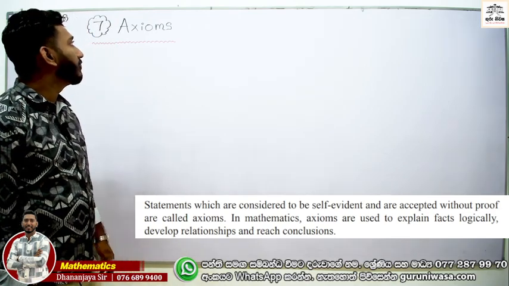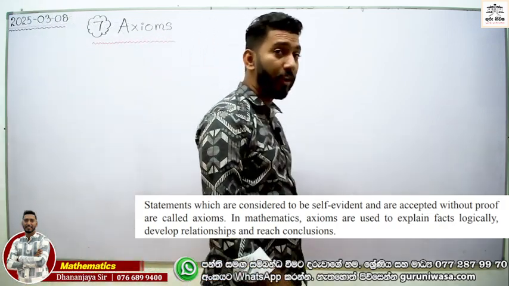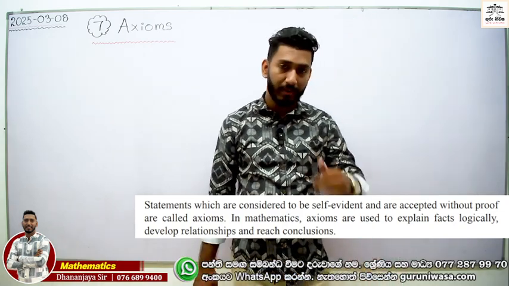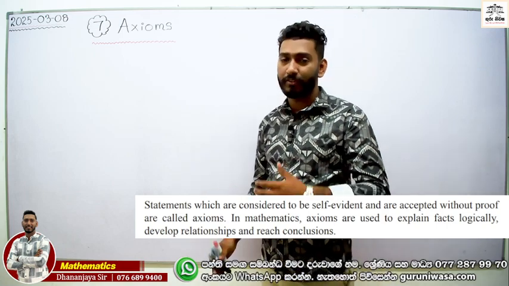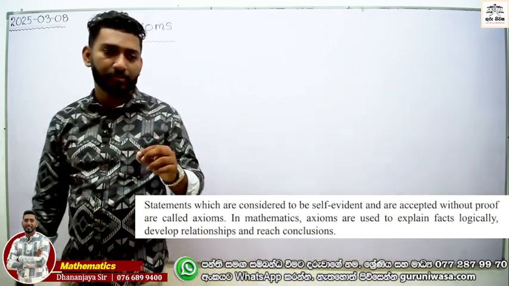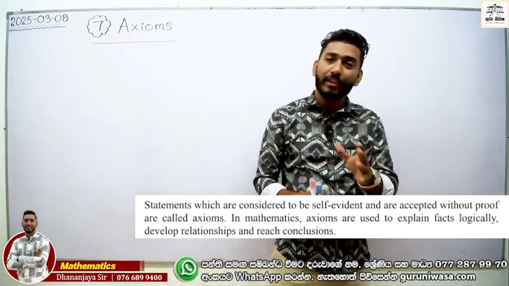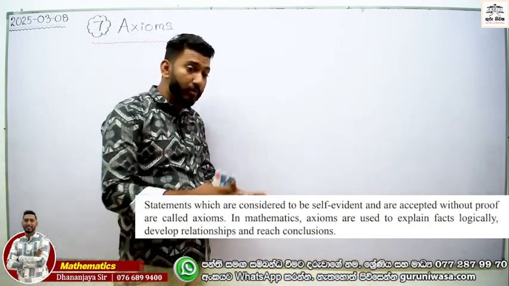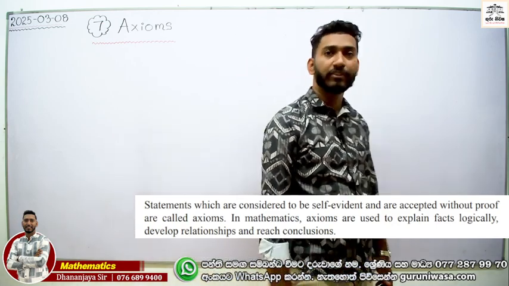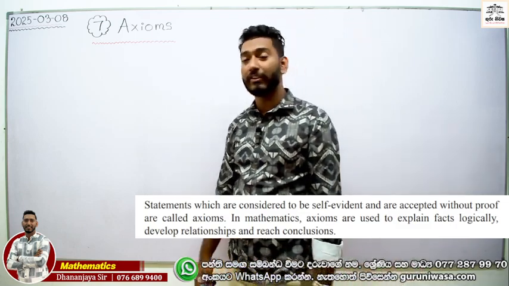Therefore, you need to learn about axioms in grade 9, and in grade 10 and grade 11 as well. This is very important to prove some questions. Statements which are considered to be self-evident and are accepted without proof are called axioms, right?